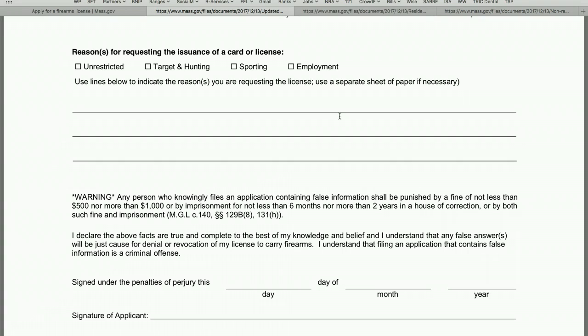But you want for all lawful purposes, all right? So you want personal protection outside the home. You want for all lawful purposes. If you carry a large amount of cash, if you own your own business, then those are the reasons that you want to write right here for carrying your firearm, okay?